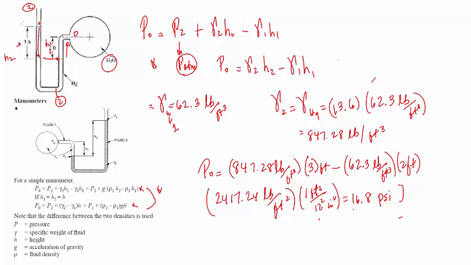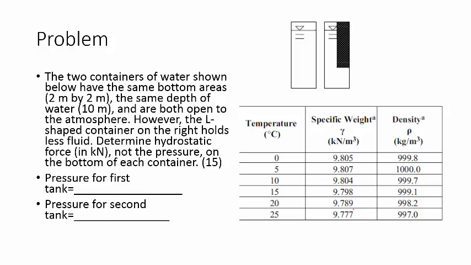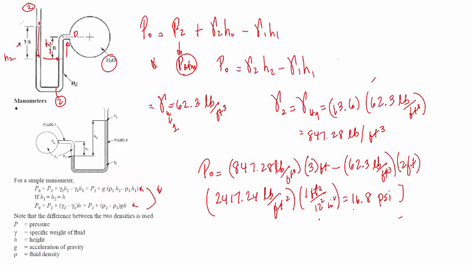So looking at those values, we have 16.8 psi, and the conversion tells me that I have 1 atmosphere equals 14.7 psi, and also that's 29.92 inches of mercury.